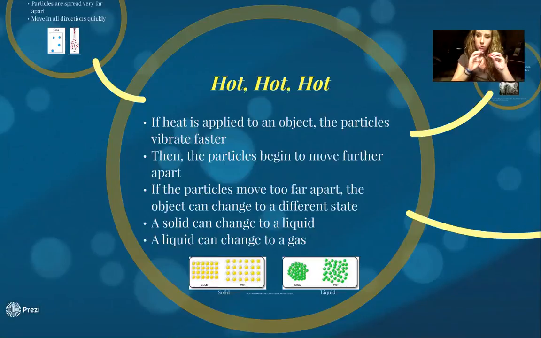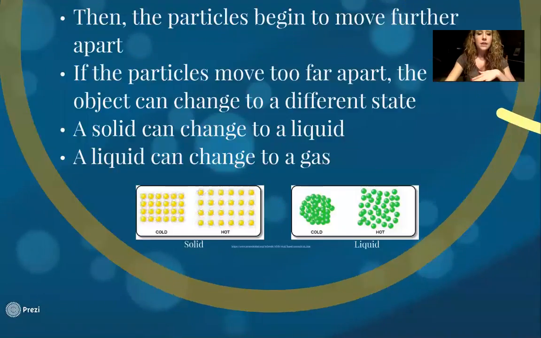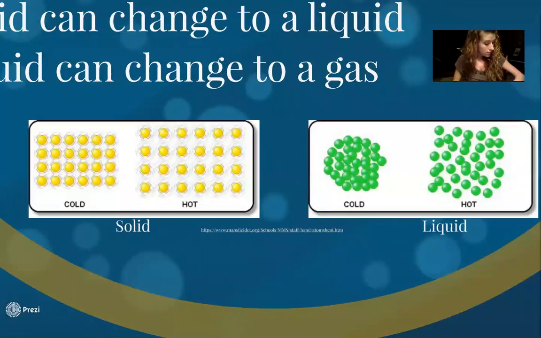But if these particles move too far apart, then the object changes to a different state. If I have a solid, and all those particles are really close together, when they get heated up, they spread further apart, and eventually they turn into a liquid. And if they keep on spreading further apart, then they change into a gas.